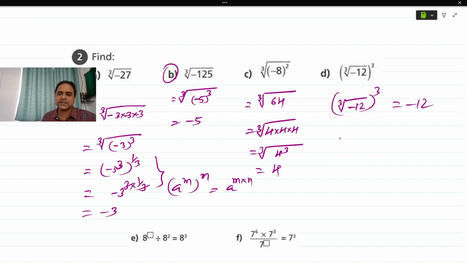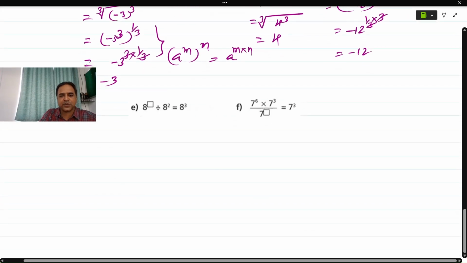But instead, if you know what is happening behind this: it is minus 12, this cube root is nothing but power 1 upon 3, and then you have power 3. So when it multiplies, it is minus 12 to the power 1 upon 3 multiplied by 3. So this will cancel each other and you are getting your final answer as minus 12. So this is how this is helping you.